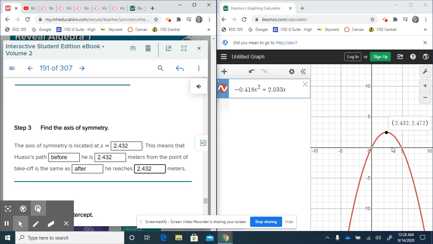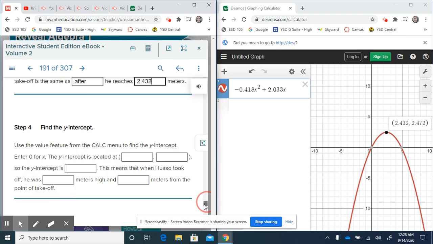So they're going to be equidistant. If you look from 0 and then over here, they're equidistant. Here's 2.432. This is 2.432 after he reaches.